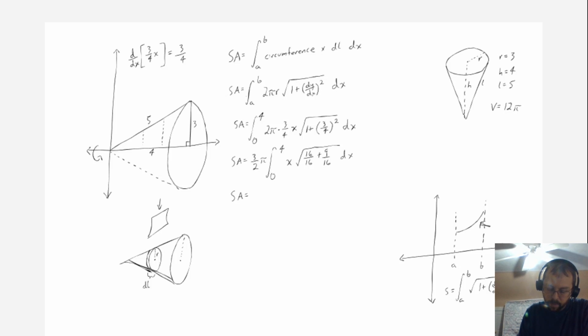Surface area equals 3 over 2 times, when we pull out everything under our radical, we're going to end up with the square root of 25 over 16, which, taking the square root of the top and the bottom, will be 5 over 4. So we'll have 5 over 4. And we still have pi.